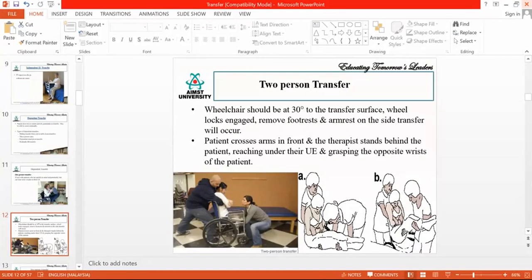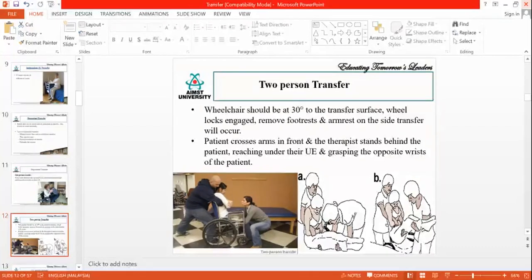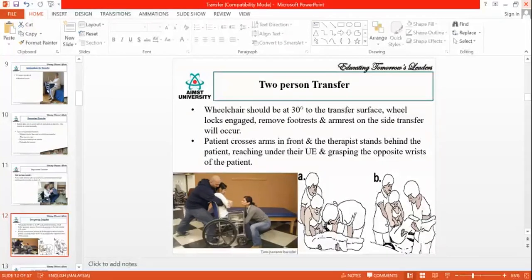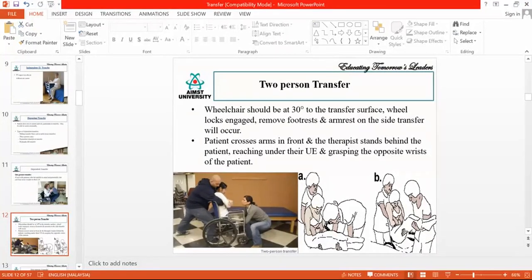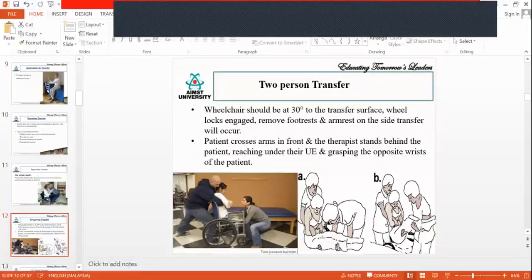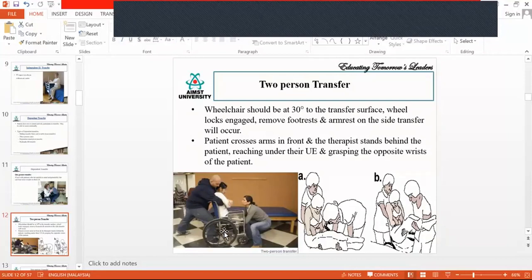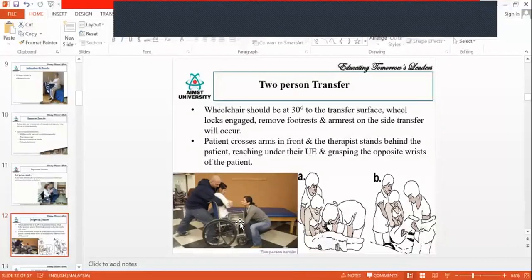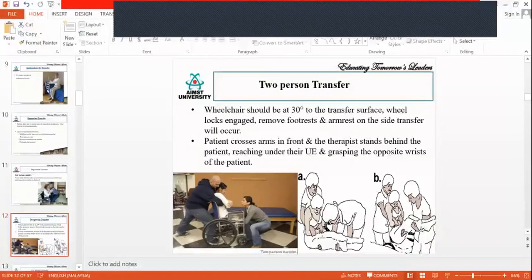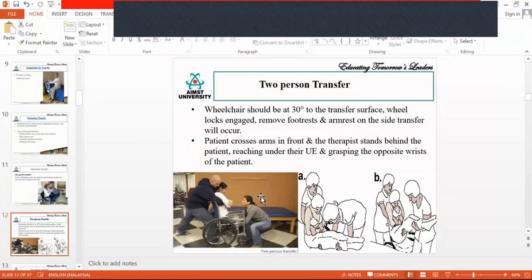In that case, you have to see that the position of the chair or the bed should be at an angle of 30 degrees.